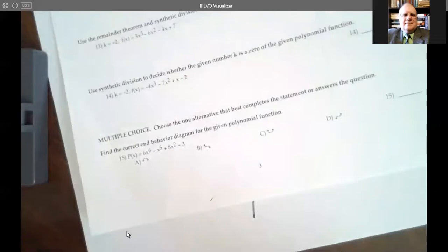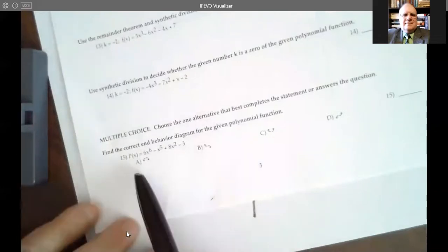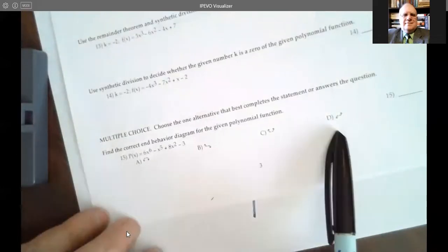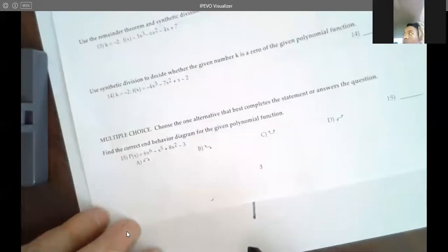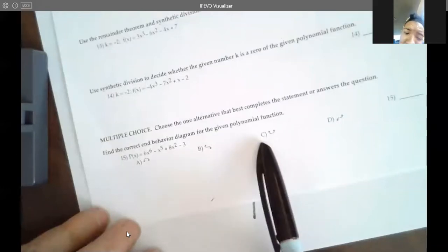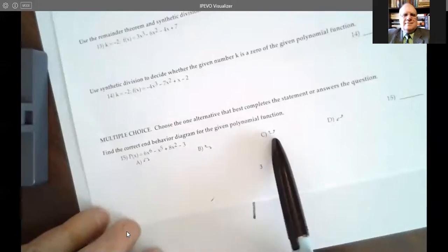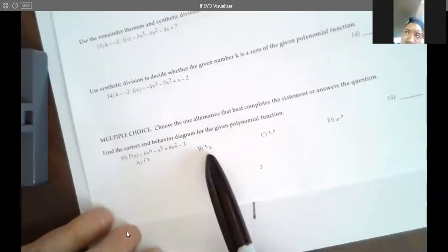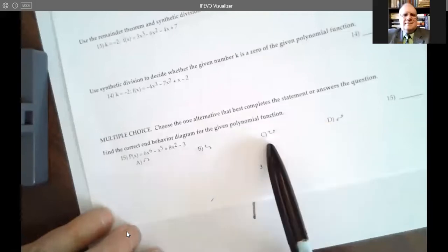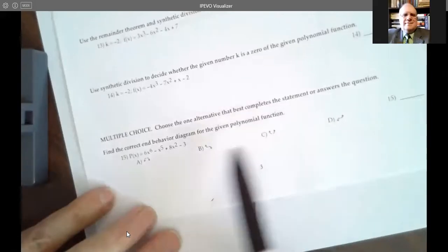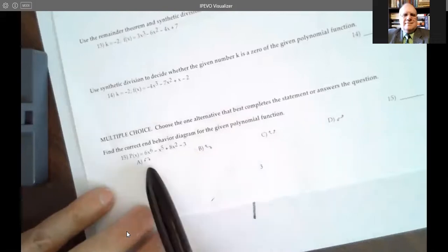So is it going to be A, B, C, or D for an answer? I feel like it'll probably be B. It's going to behave like positive x squared. This is positive x cubed, this is positive x squared, negative x cubed, negative x squared.